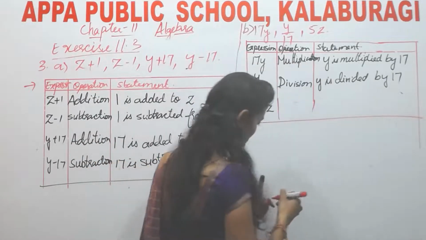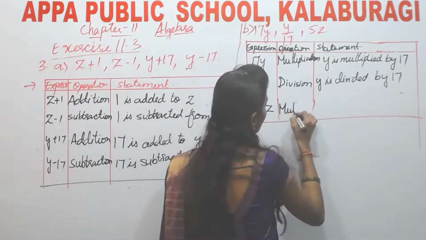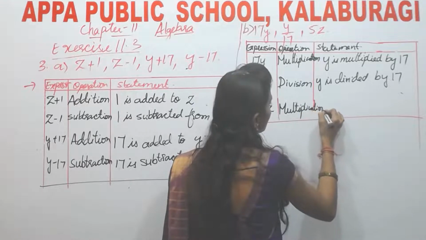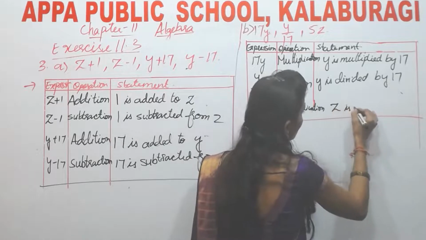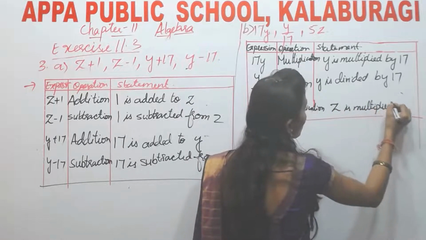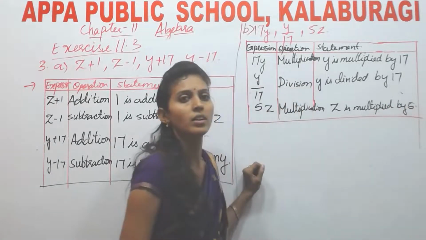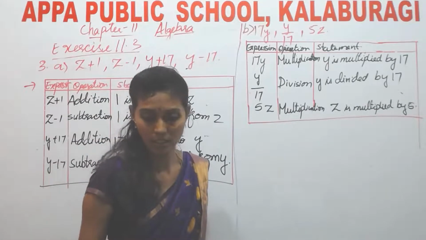The operation is multiplication. How? z is multiplied by 5. Right? Yes.